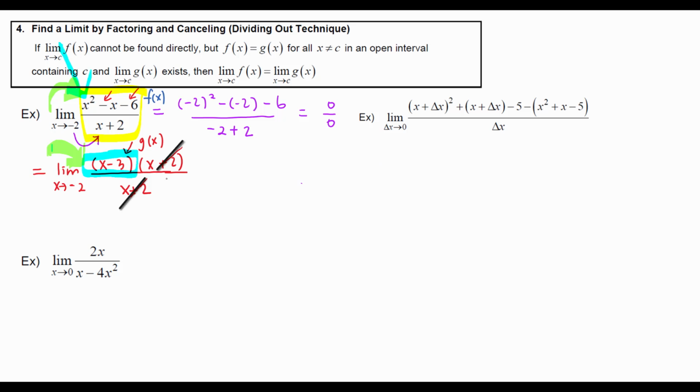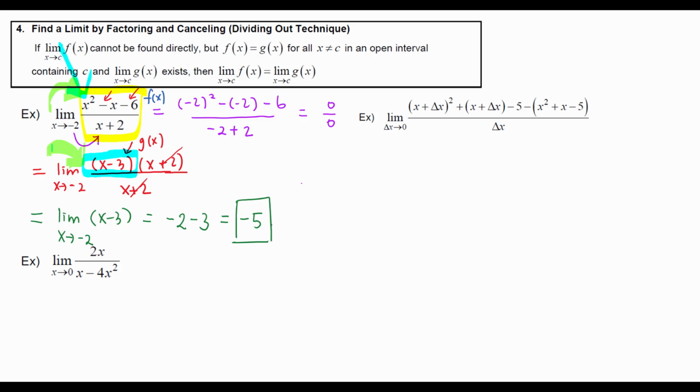Now you cancel the x plus 2 and evaluate the limit of the x minus 3 function instead as x approaches negative 2. Now you can plug negative 2 in for x. The limit is negative 2 minus 3, which is equal to negative 5. So we found the limit.